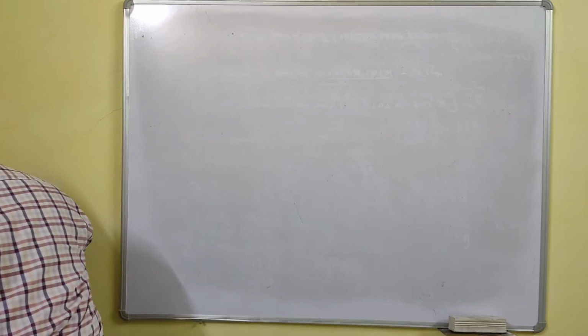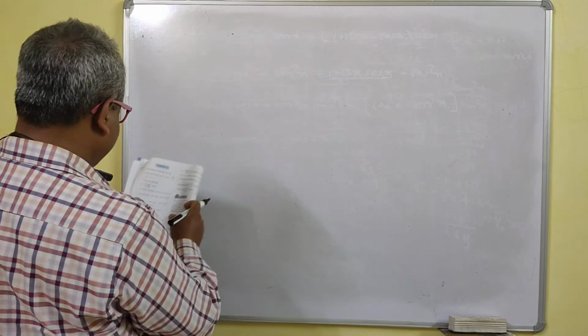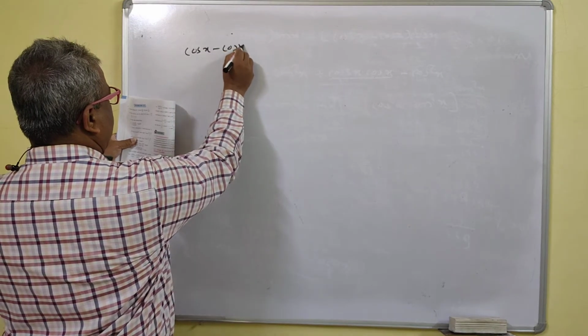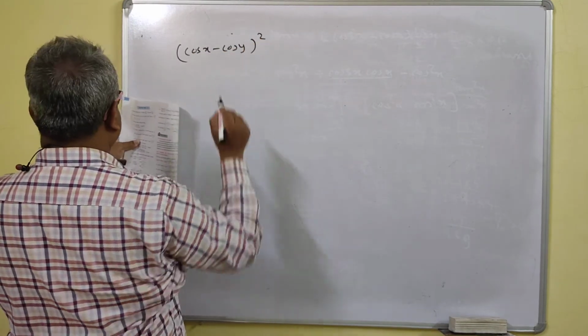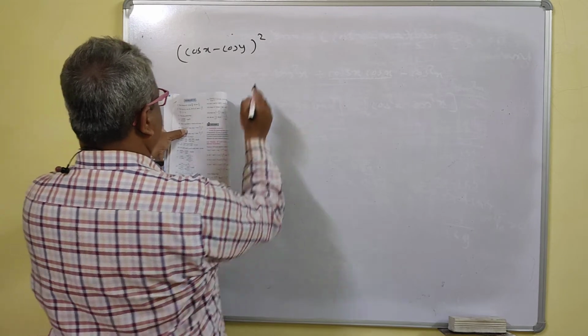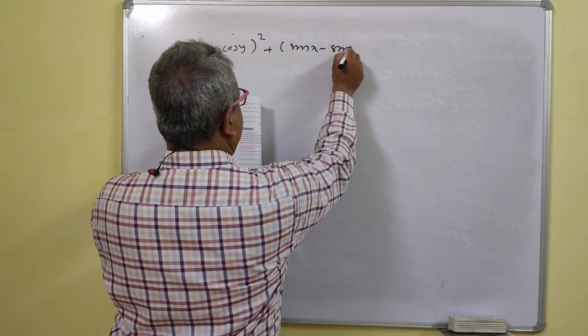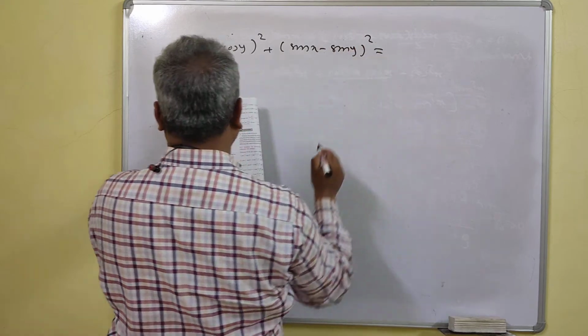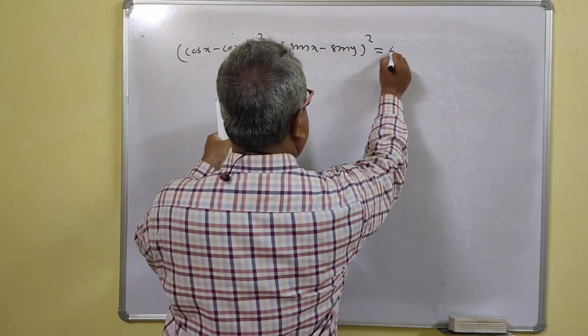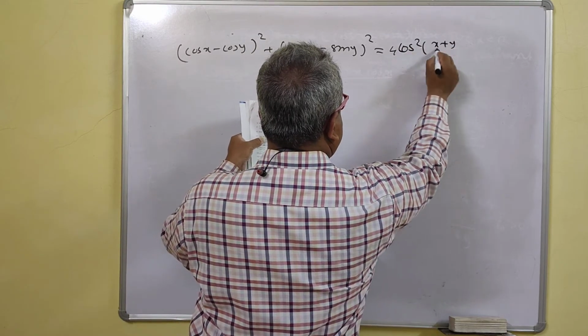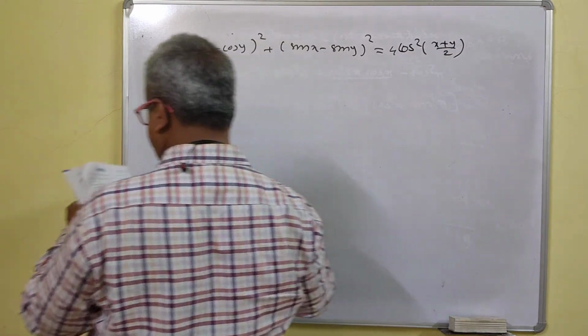Next, show that (cos x minus cos y) whole square plus (sin x minus sin y) whole square is equal to 4 cos square (x plus y) upon 2.